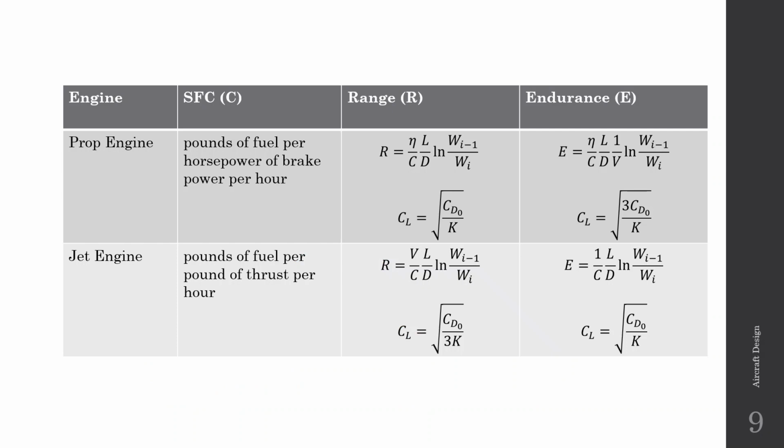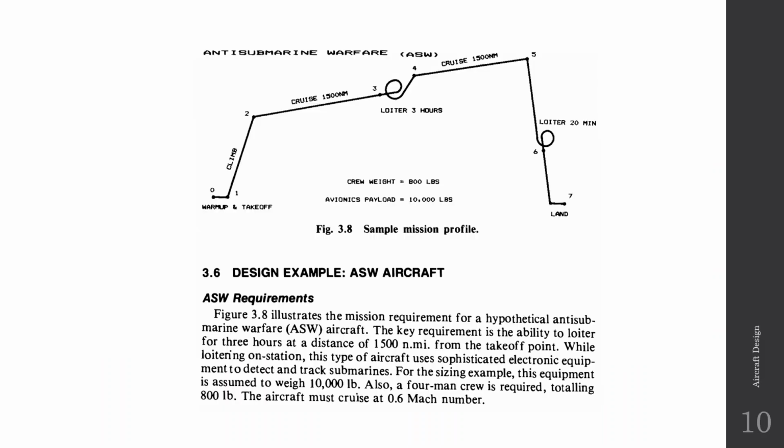And again, for reference, I have included this slide from the previous class where I have summarized, for propeller and jet engine, what is the SFC, what is the range and endurance formula, and what is the ideal CL that we have to fly at to maximize range or endurance. We'll use this formula when we solve the example.